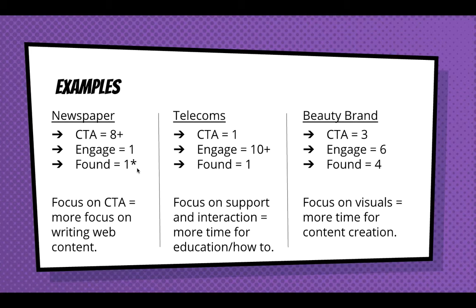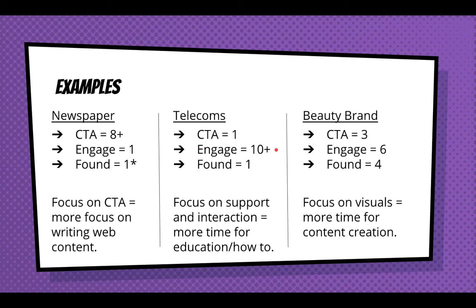Say you're a telecommunications company, like TechSavvy, for example. They are using their Twitter account, if you go to TechSavvy Helps, I believe it is, or TechSavvy Assistance, as customer support. So their engagement is going to be extremely high. Their call to action on something like a customer service page is going to be a link to recent outages or a link to their help forum or something like that.